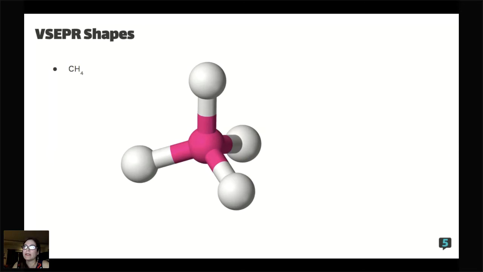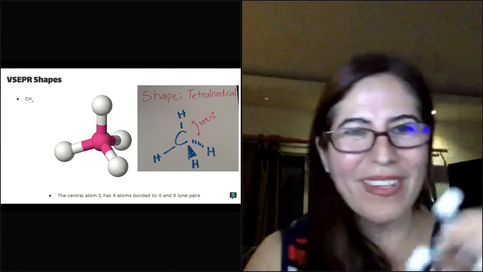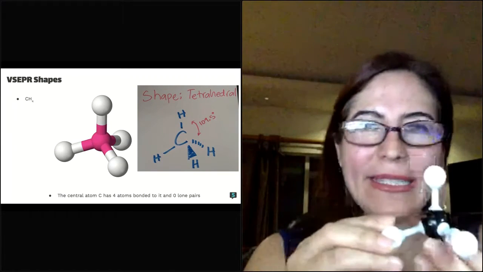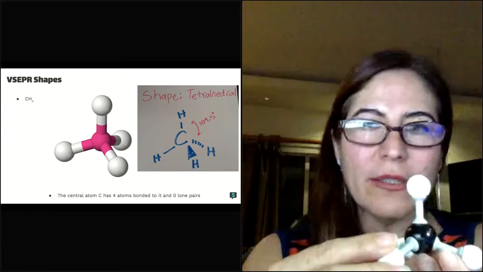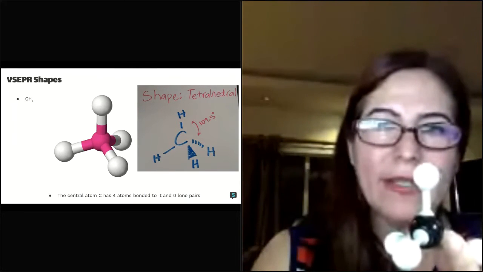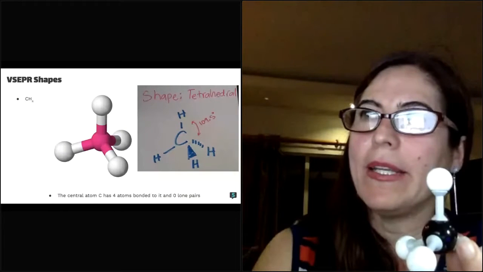So we will have this structure, and if we draw it, we'll have this, and I'll show you the model in a second. Okay, here we go. So this is the model. I'm holding this line right here of the molecule, this one right here.